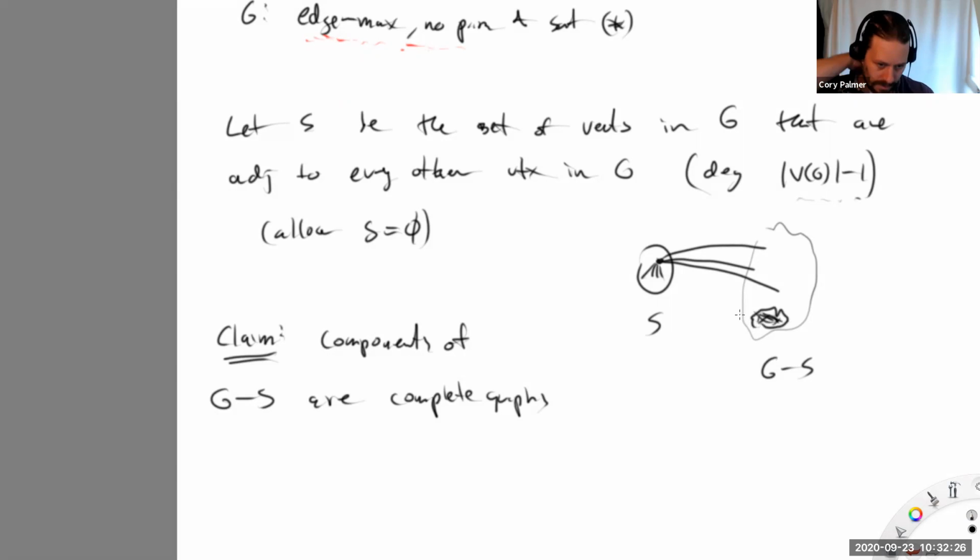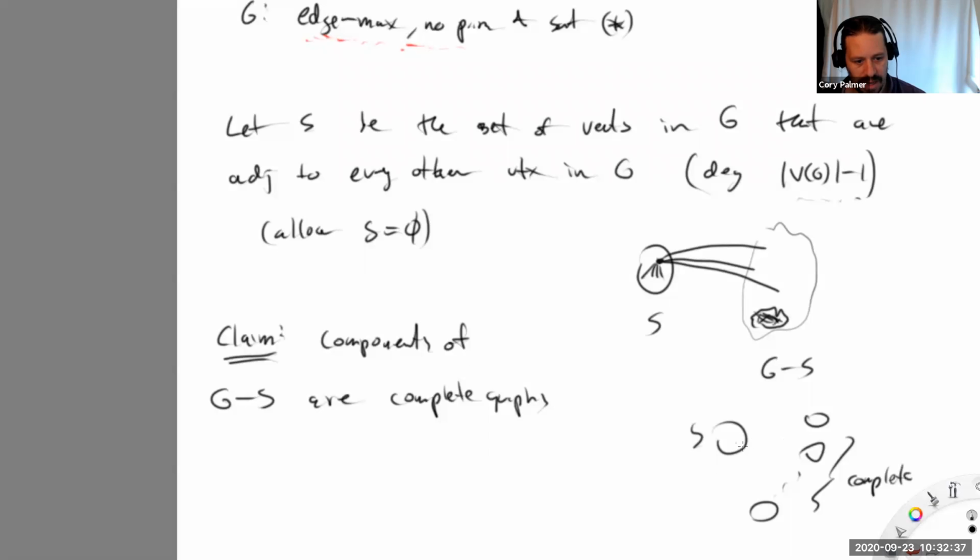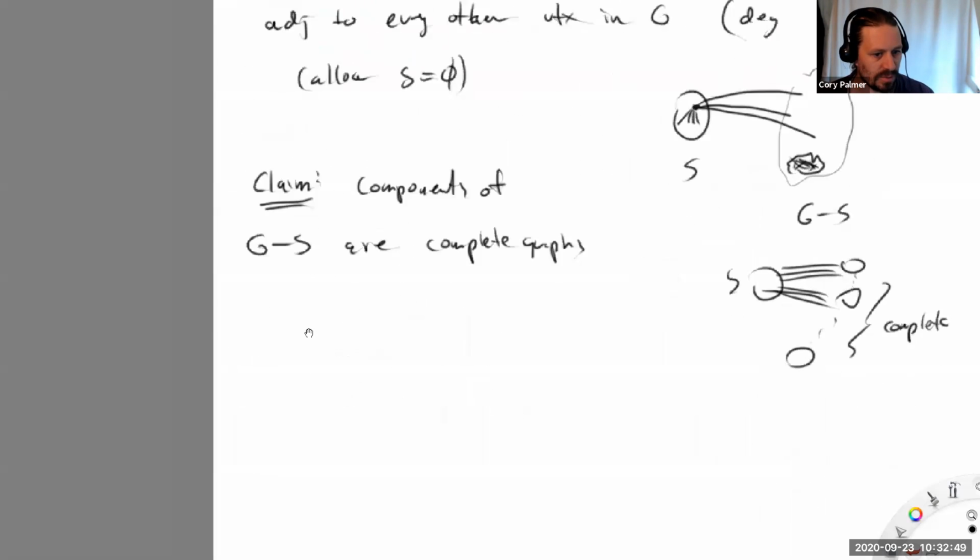So the claim is that this graph looks pretty nice: I've got S, and then these are the components. Each of these is complete. And moreover, S is adjacent to all the vertices in them as well. The only place we're missing edges is between the blobs. So this graph looks nice. That's the claim. Okay, so let's prove it.